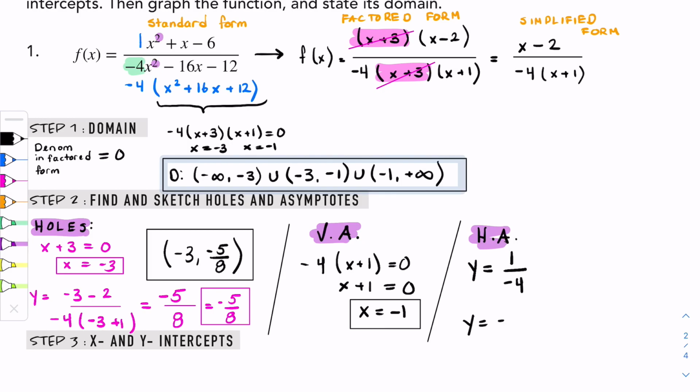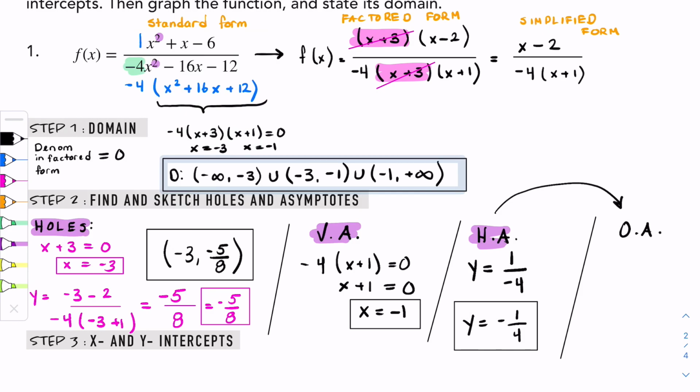So the horizontal asymptote is at -1/4. And if you have a horizontal asymptote, then automatically you know you don't have an oblique. You only have one or the other. So to find the oblique asymptote, in this case, there would just be none.